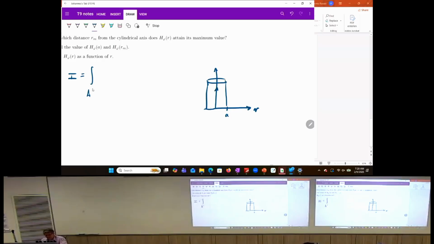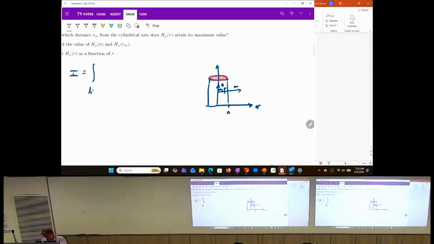Then this here is basically your z component. You have here your radial component and here your phi component. And up there we describe the area with a normal vector.